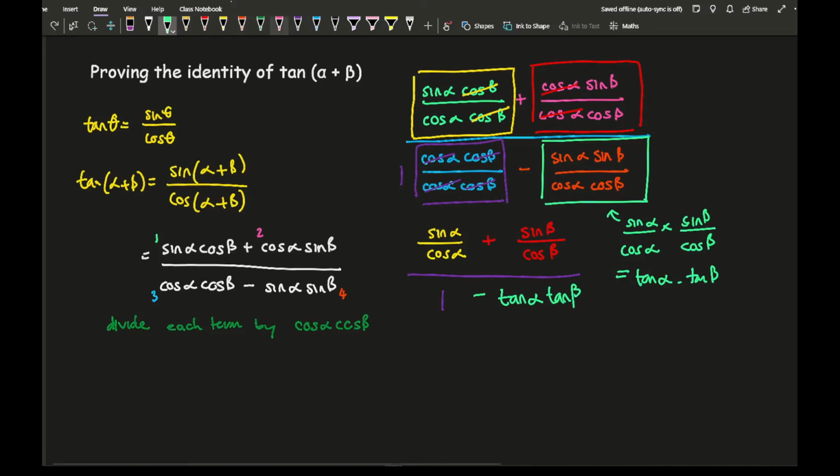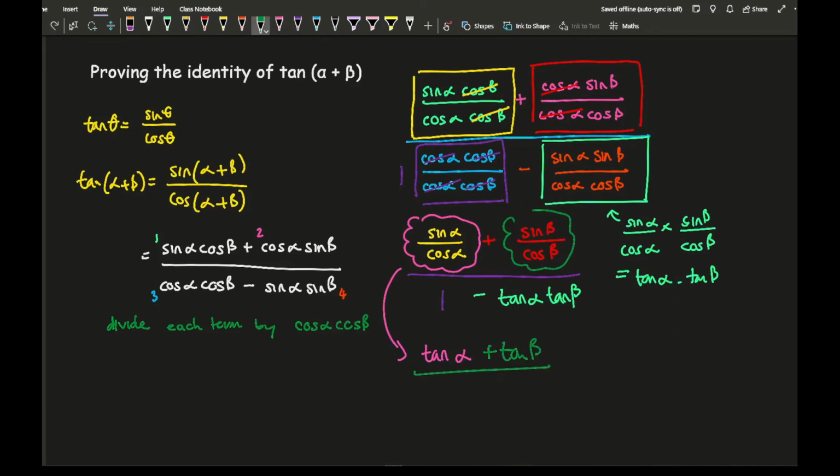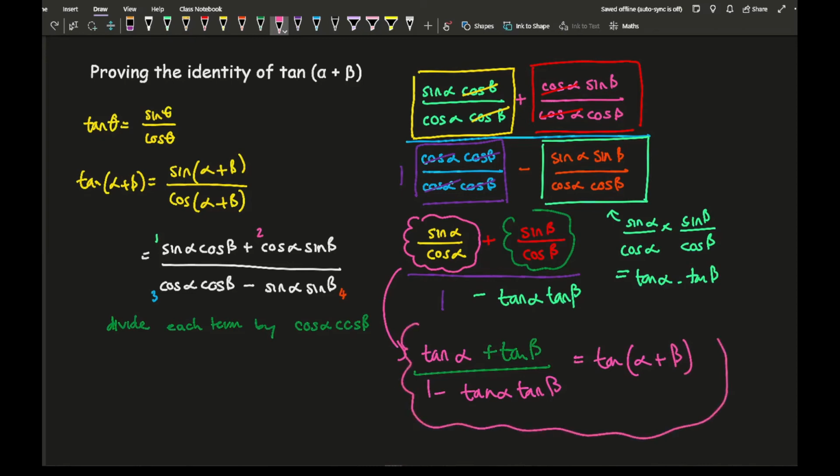Now from this, I can simplify the numerator as tan alpha plus tan beta, and keep the denominator the same, one minus tan alpha tan beta, and that's what equals tan of alpha plus beta, and there is my third identity proved.